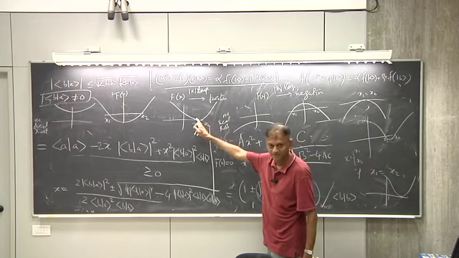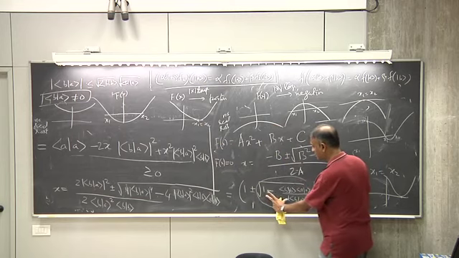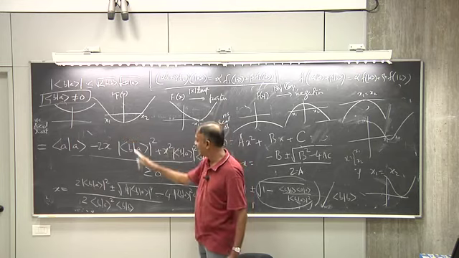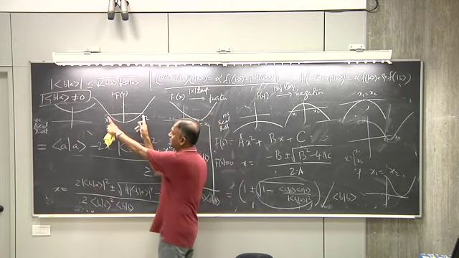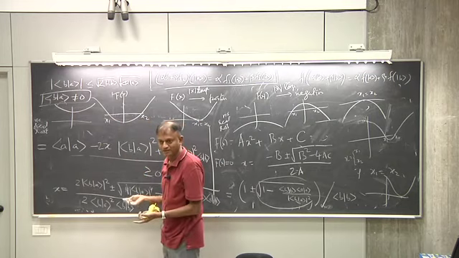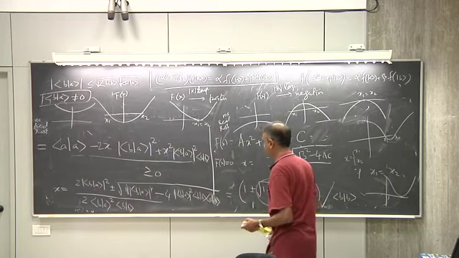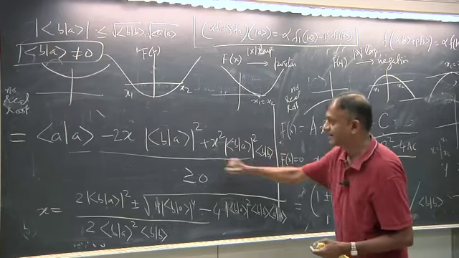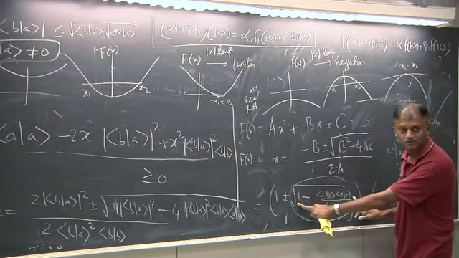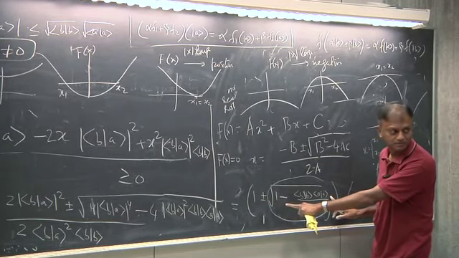But if this is positive, then we will be in this situation, and then we will violate this condition. For some values of x between x1 and x2, this will become negative. Therefore, we conclude that for this condition to be satisfied, we must have that this is less than or equal to 0, right? Less than or equal to 0.